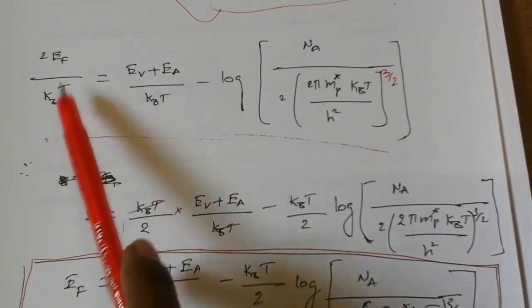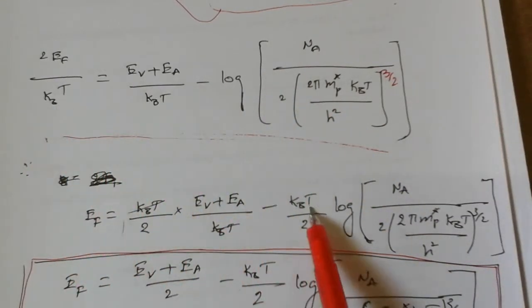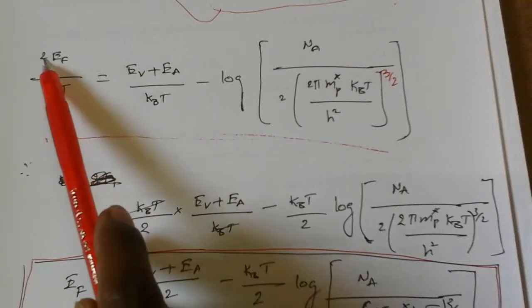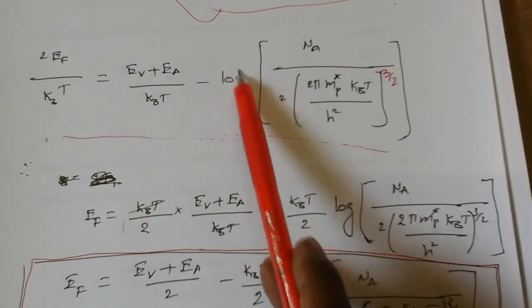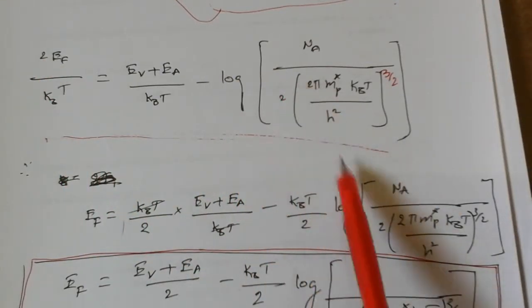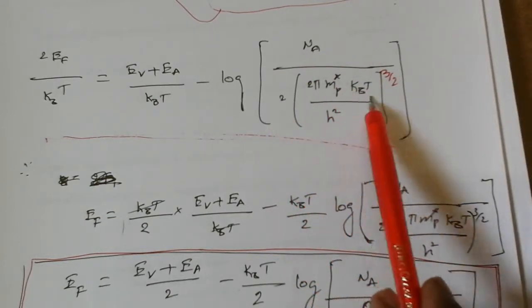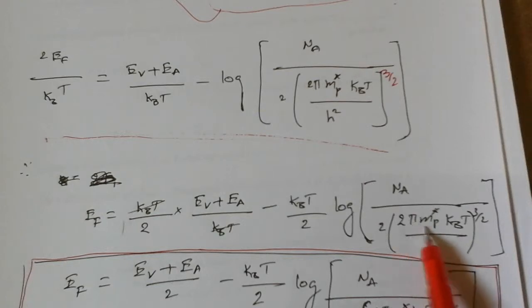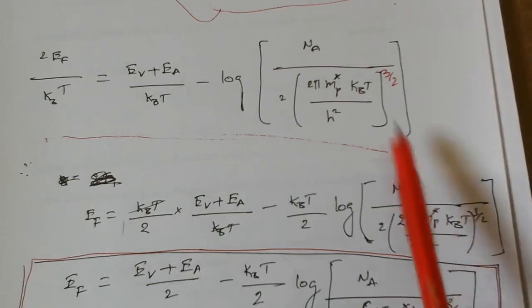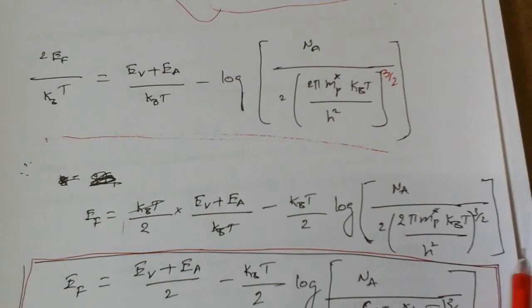After minus, we are sending that side now. So kBT by 2 we have written log of NA, 2 pi MP star kBT by h square whole power 3 by 2 written.